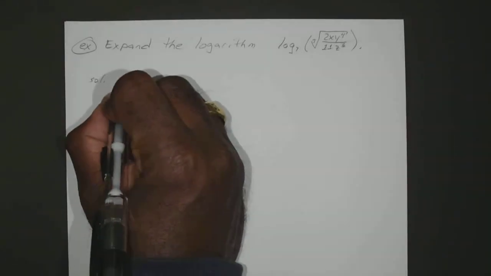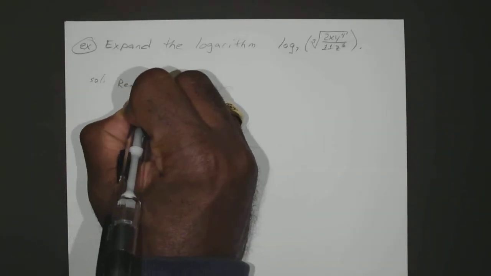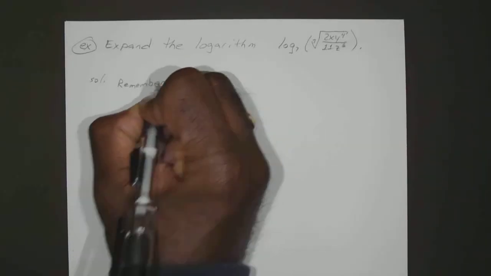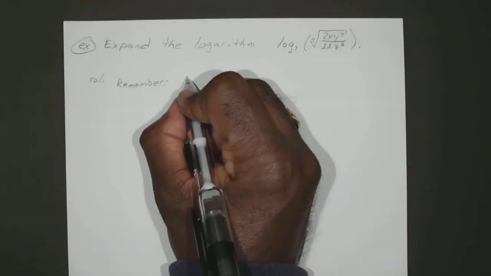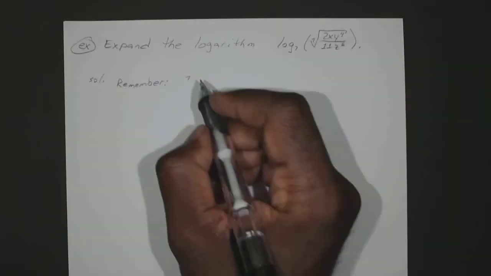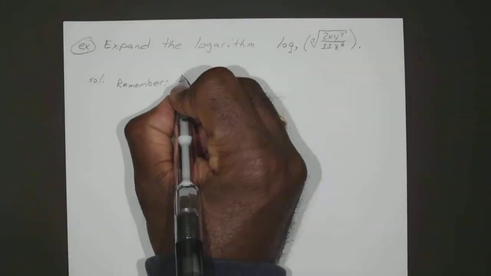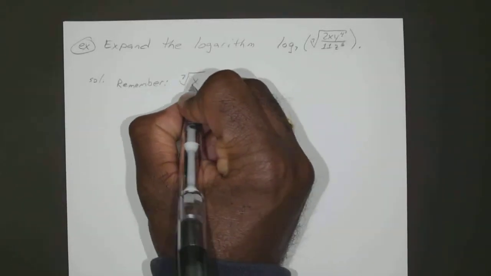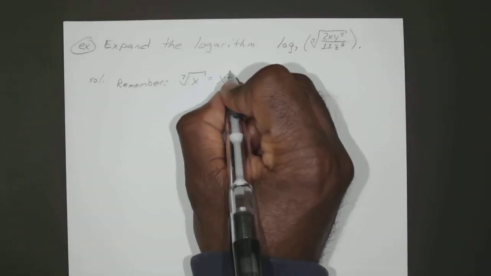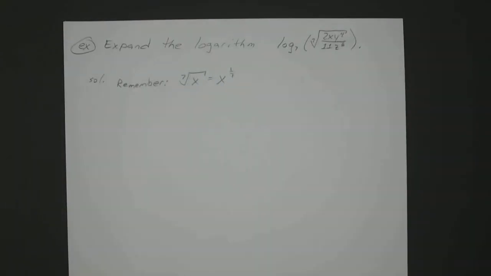Okay, so the same thing we did with the square root, we're going to do with this one. So remember that the 7th root of x is just x to the 1/7 power.